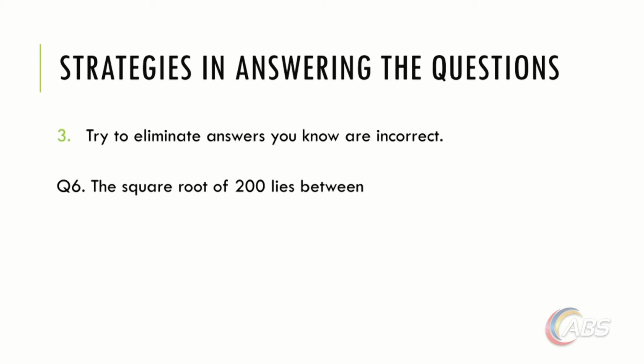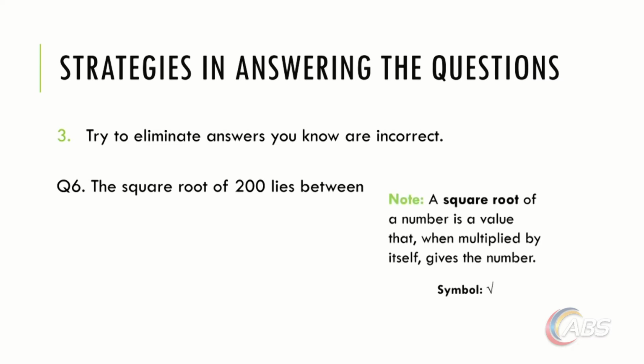Question 6, using the same strategy of elimination. The square root of 200 lies between, and we'll look at our options here. In order for us to move forward, I'm just going to make a note here with the definition of a square root, because square root seems to give a lot of trouble to persons. They don't necessarily understand it very easily.